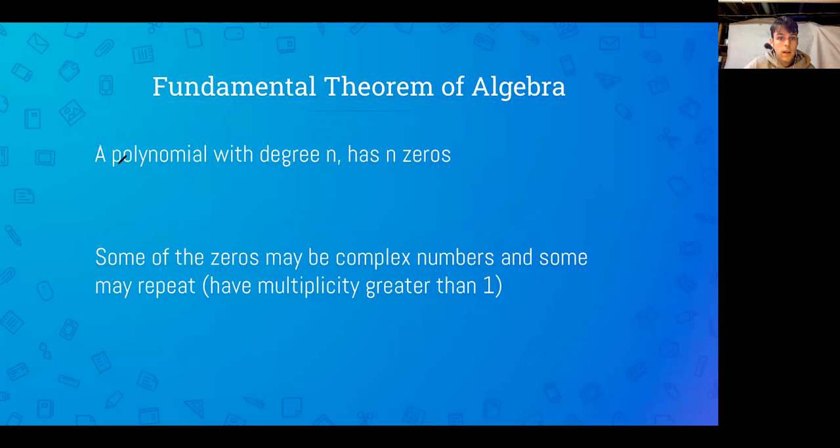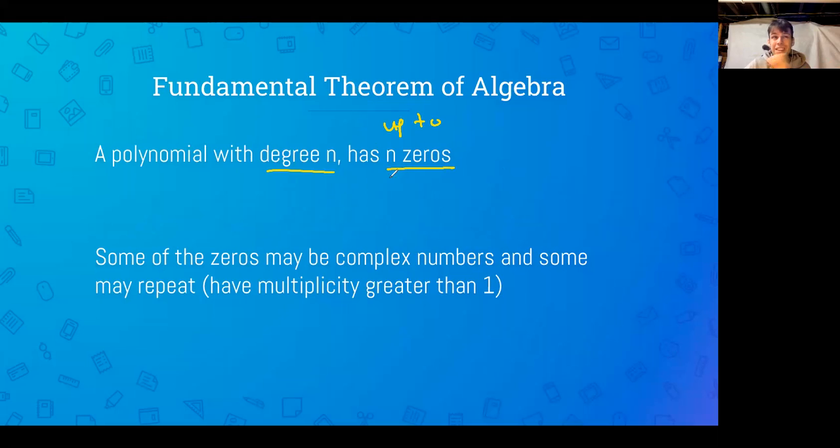So it's not really the beginning of algebra. It's kind of a little bit of a misleading name, but a polynomial with degree n has n zeros. So far, previously in chapter 2.3, we said it had up to n zeros. But if we include the complex numbers, there actually are going to be n zeros.